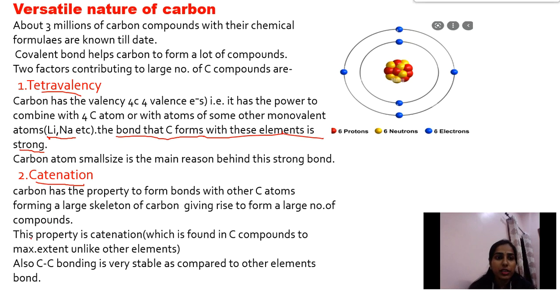This property is called catenation, which is found in carbon compounds to the maximum extent, unlike other elements. Also, carbon-carbon bonding is very stable as compared to other elements' bonds.